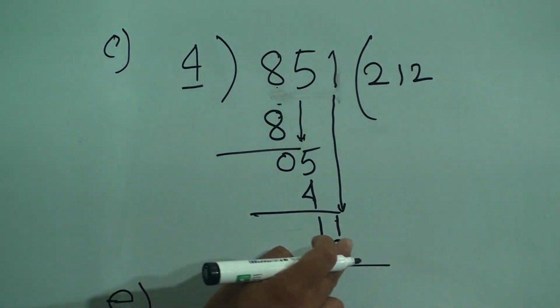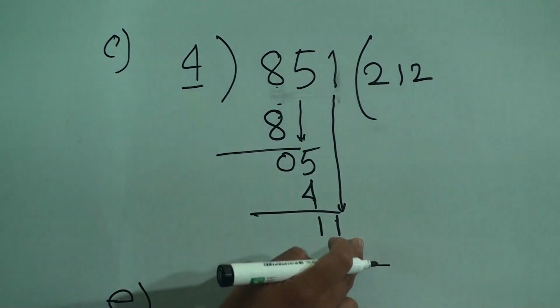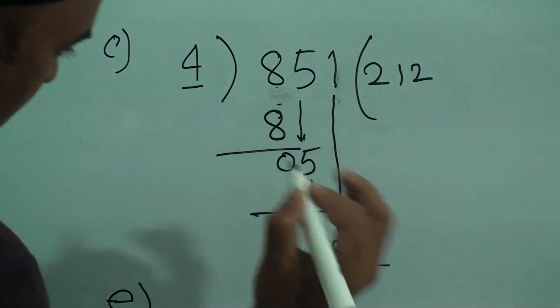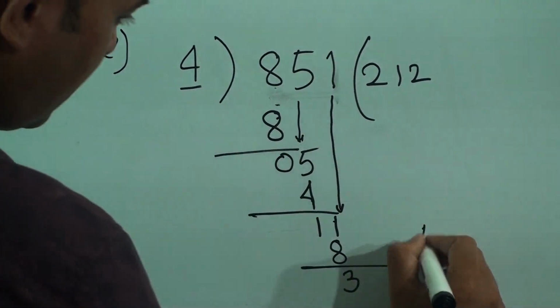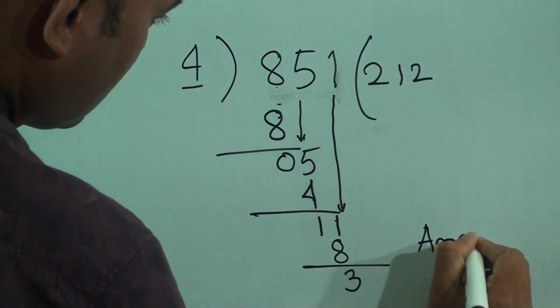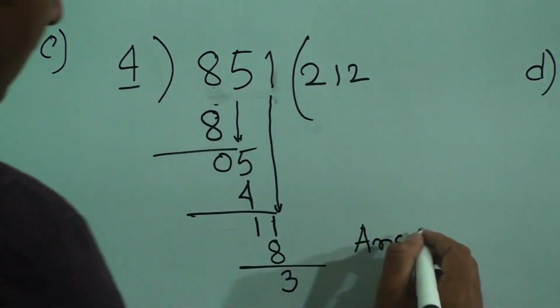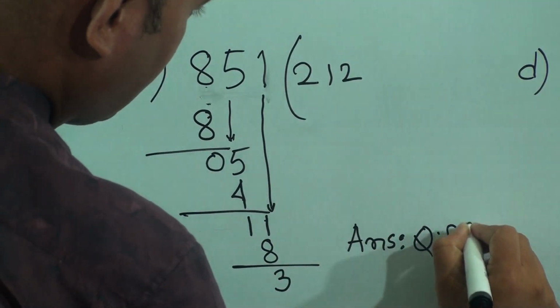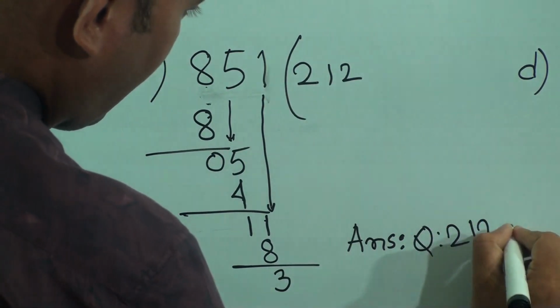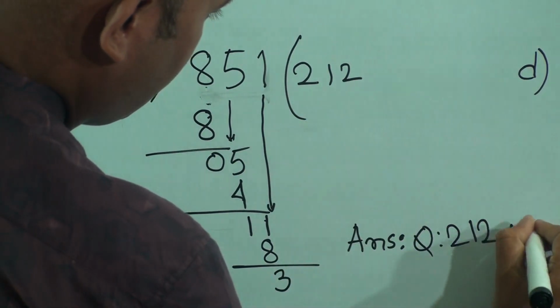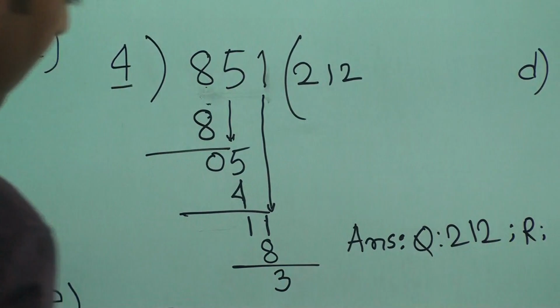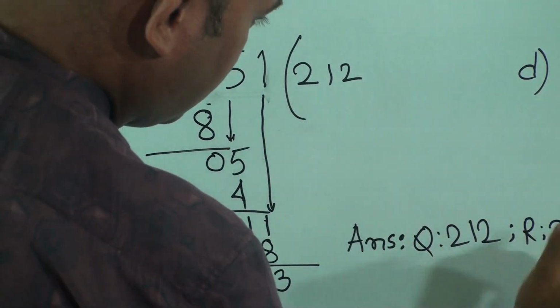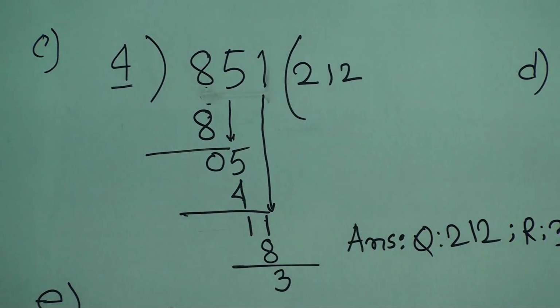Now subtract 8 from 11, it will be 3. So the answer is quotient 212 and our remainder is 3. Hope my dear students you understood this one.